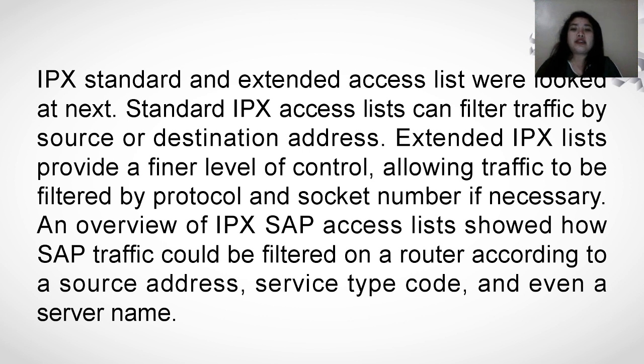Extended IPX lists provide a finer level of control, allowing traffic to be filtered by protocol and socket number if necessary. An overview of IPX SAP access lists showed how SAP traffic could be filtered on a router according to a source address, service type code, and even a server name.